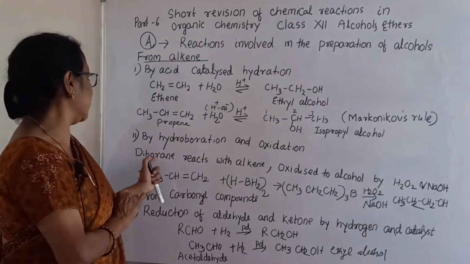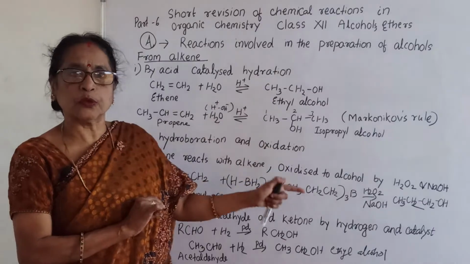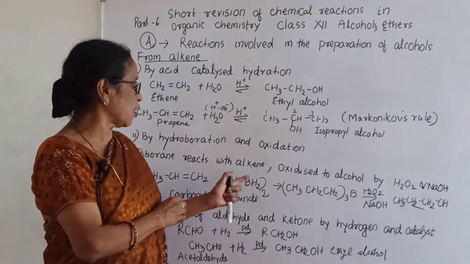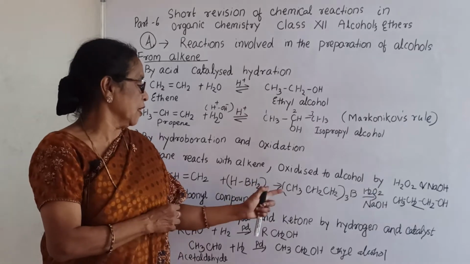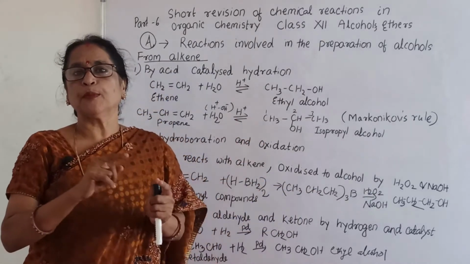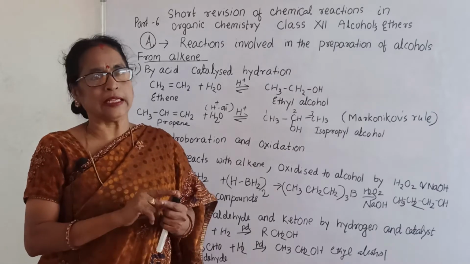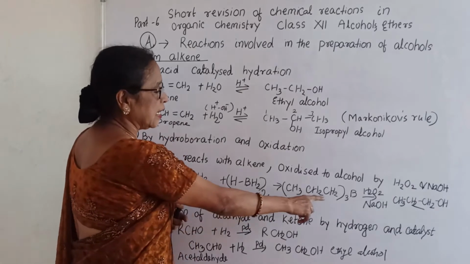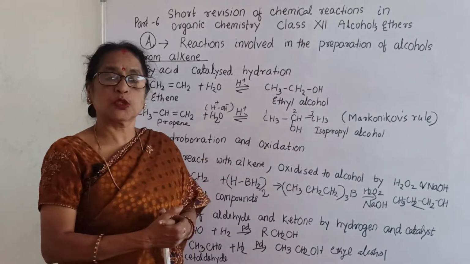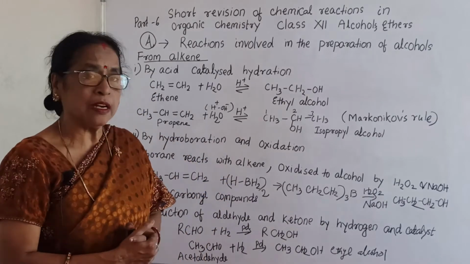This is diborane reacting with alkene. What you will get is (CH3CH2CH2)3B. Boron has valency 3, that is why the formula is (CH3CH2CH2)3B, where B means boron.